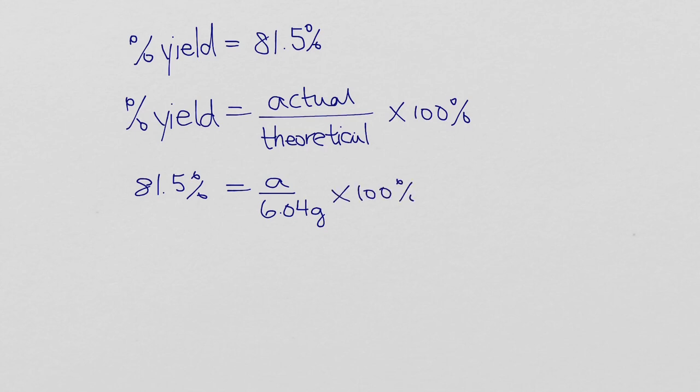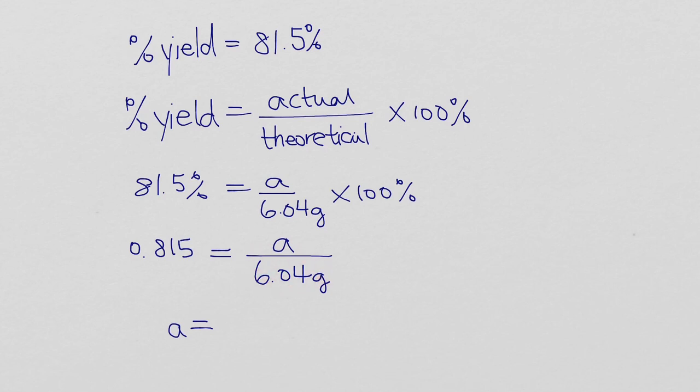And by changing this to a decimal, we have gotten rid of the 100% at the end. So this accounts for changing the number into a decimal. Equals A over 6.04 grams.